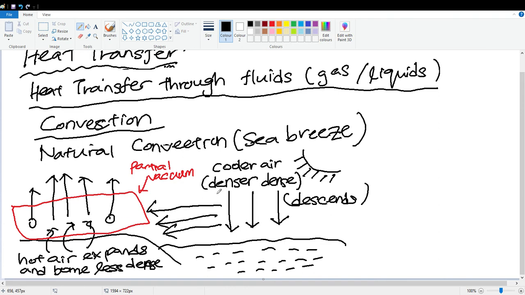So the air tries to balance itself, and hence the wind will blow in to fill up this partial vacuum, and this process is what we call sea breeze.